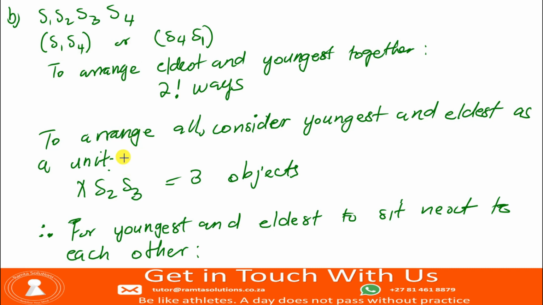Wherever they are, the eldest and the youngest are next to each other. When one of them is number 1, the other must be number 2. When one is number 2, the other must be number 1 or number 3. If one is 4, the other must be 3, just like that. You get it?